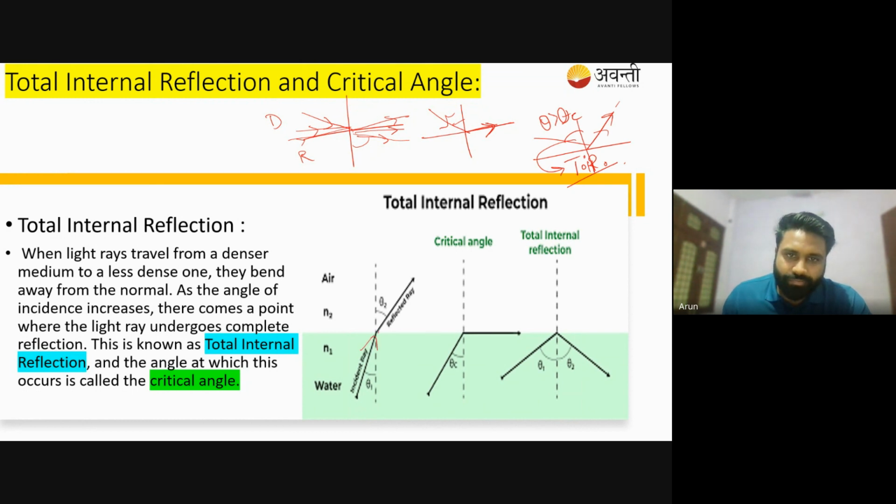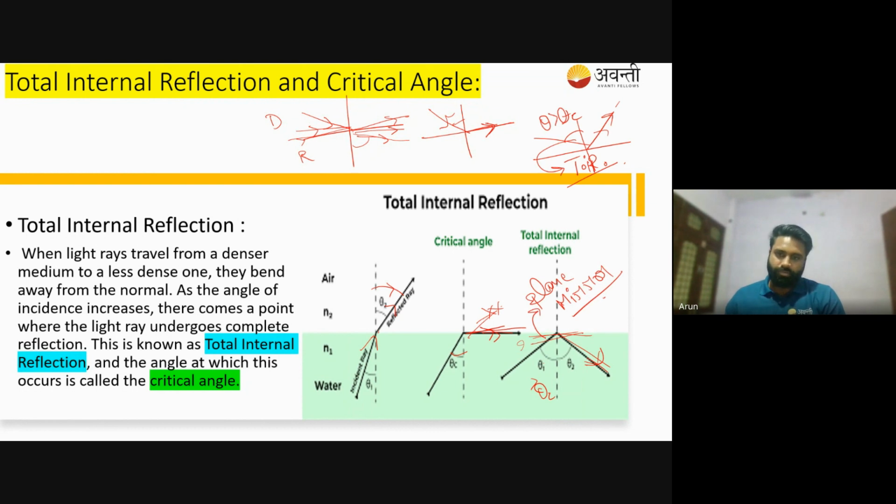So light is bending away from the normal. For the critical angle, it does not go into the air, it grazes on the boundary, on the interface. But for an angle greater than theta c, the light reflects back, meaning this boundary behaves as a plane mirror.